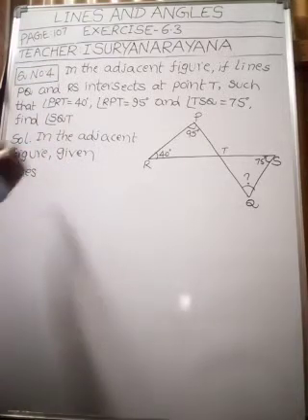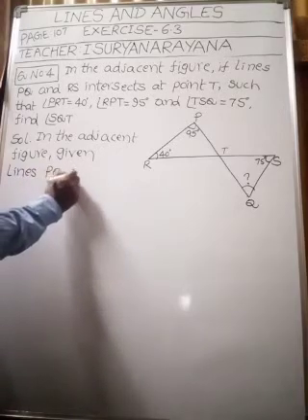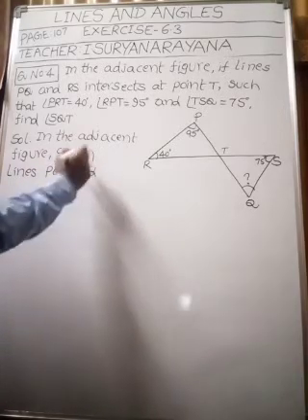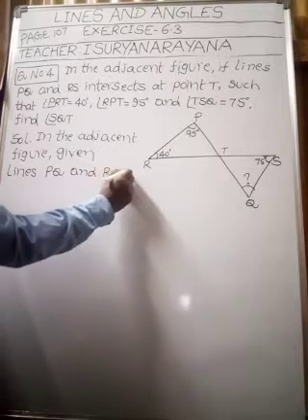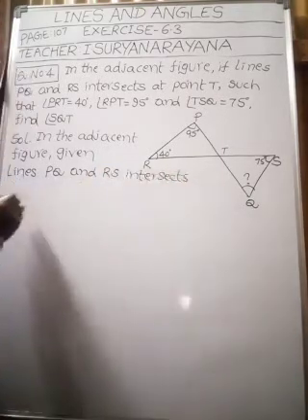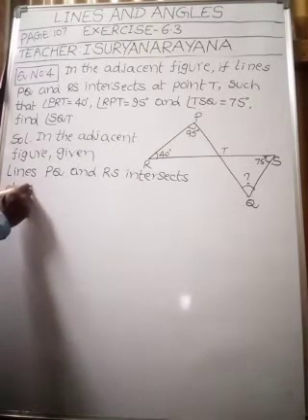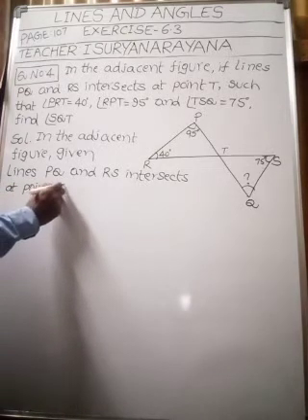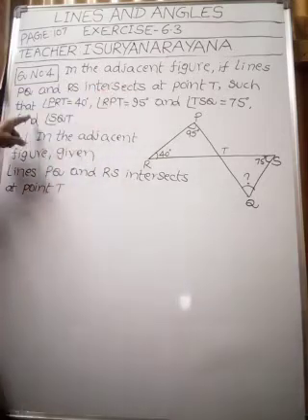Okay, my children? Lines PQ and RS intersect at point T. And what is given?